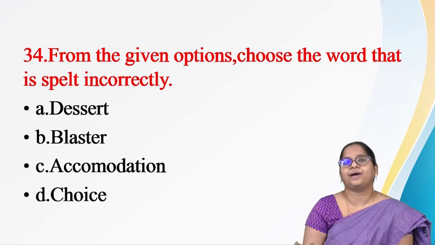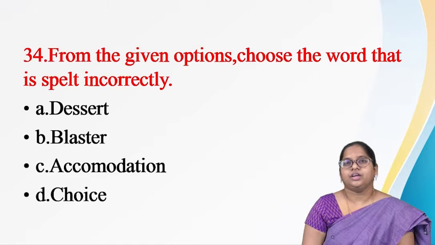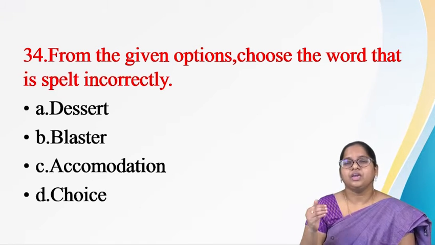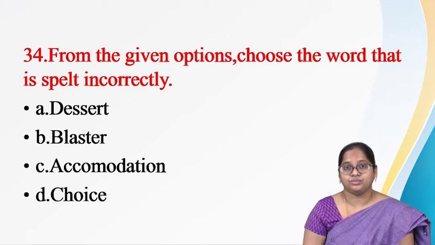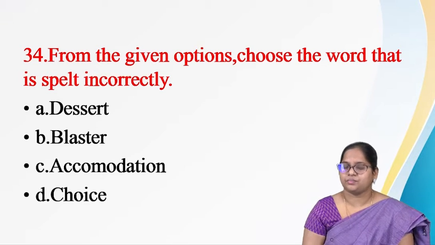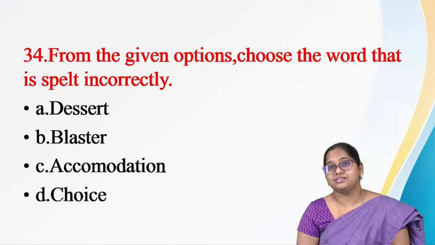All these grammatical components are very important. That is the reason you have to give equal time and hard work to verbal English. Question number 34: the meaning here is desert.